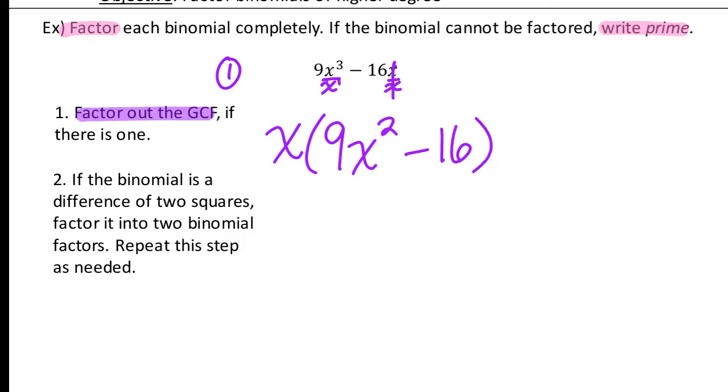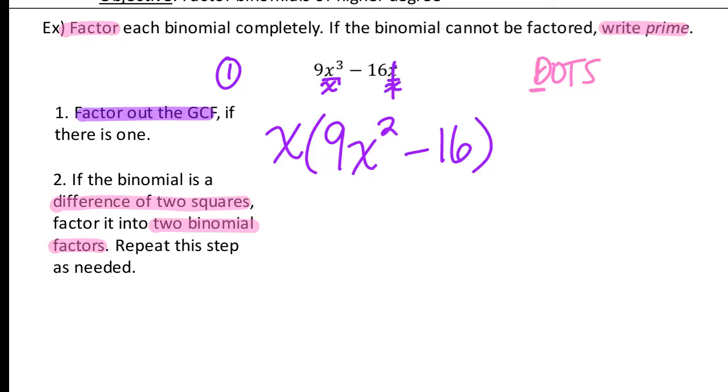Okay. Step number 2, it says if the binomial is a difference of 2 squares, factor it into 2 binomial factors and then repeat the step as needed. So the very first thing you want to check is, do you have a difference? The D in DOTS stands for difference, meaning a subtraction.